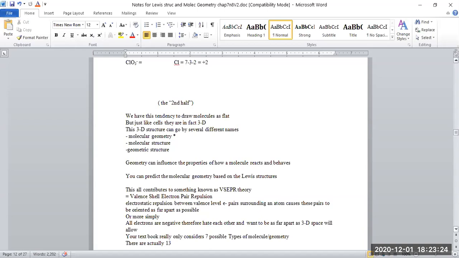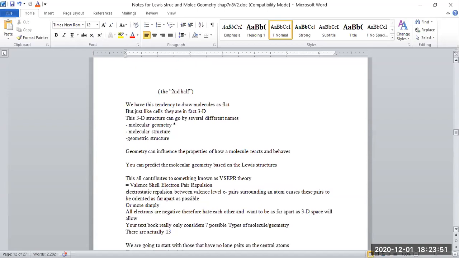Geometry affects reactions and behavior. Some of this is dealt with more in the 112 class, and even more is dealt with in organic, especially on the reactivity end of things.